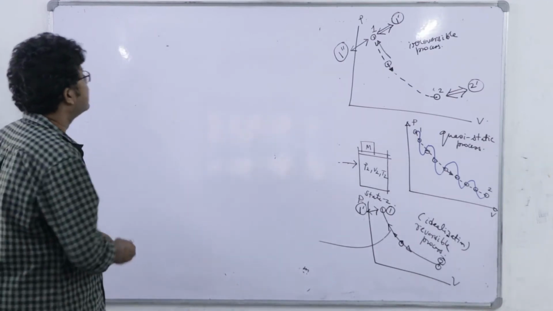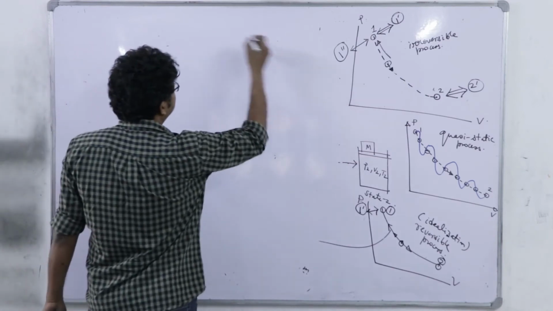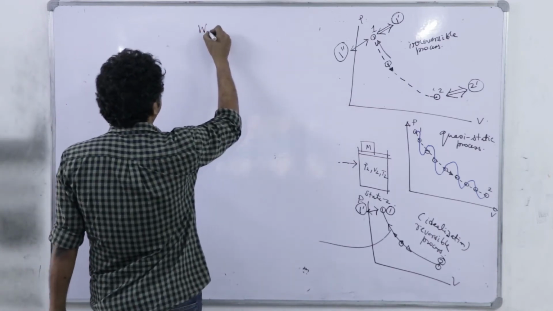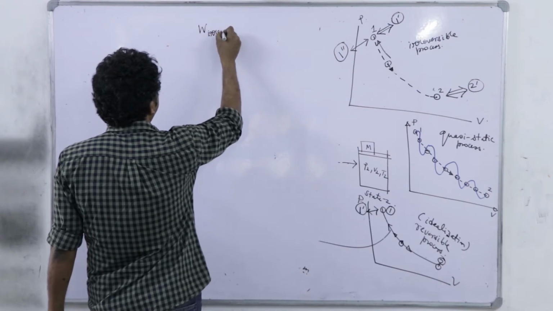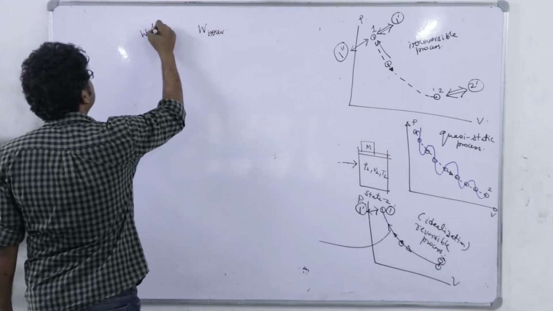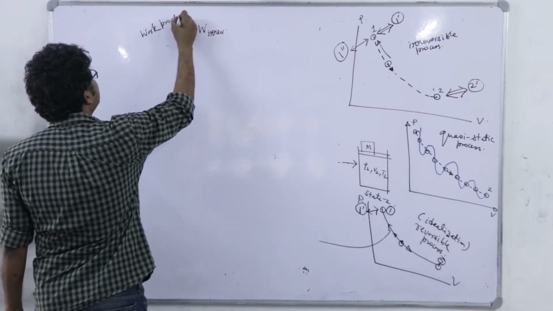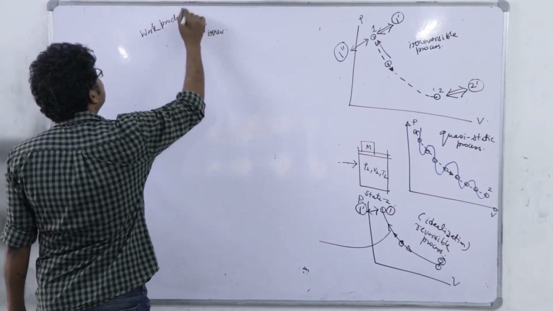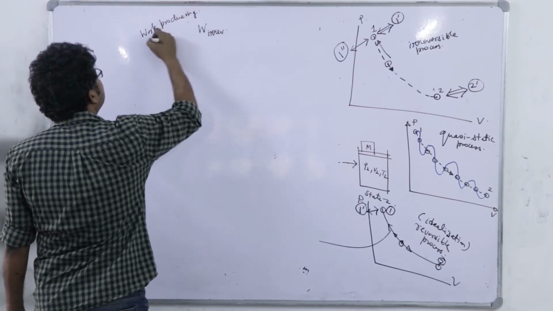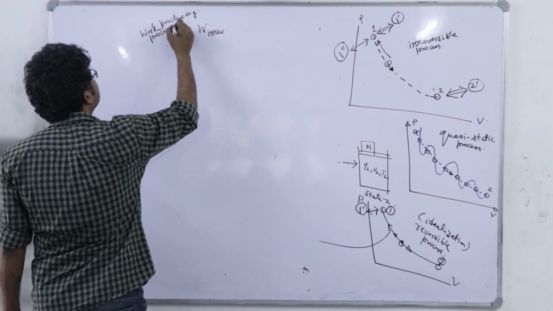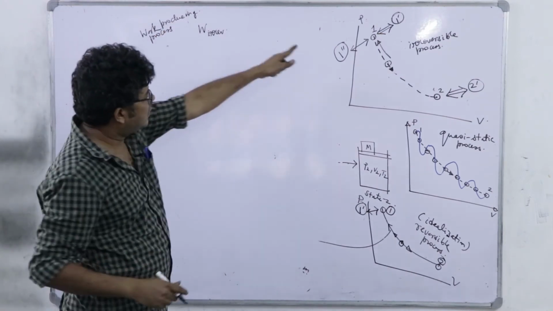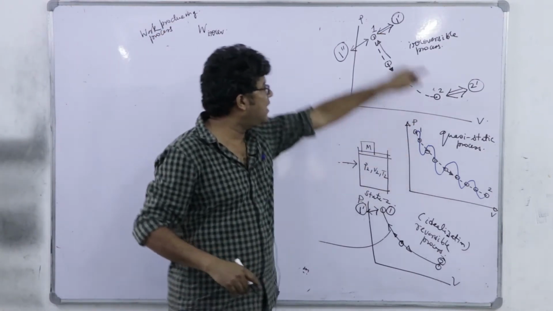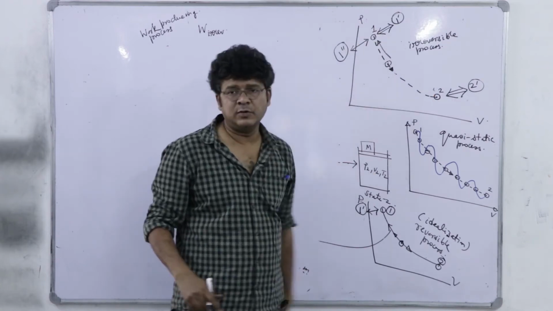See, here it's an easy system, so we can calculate this W irreversible. Let's say it is a work producing process. Whatever we have described here, from high pressure it's expanding to low pressure.